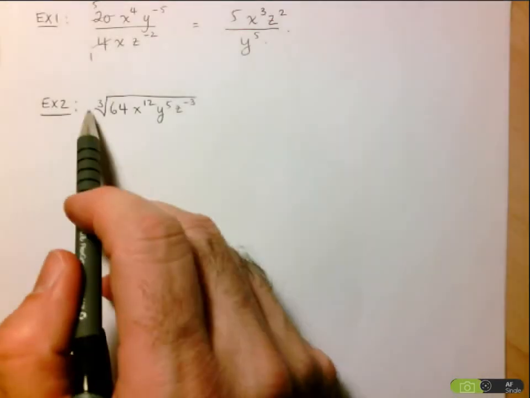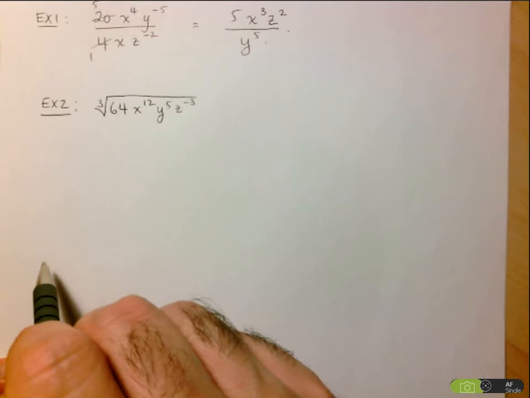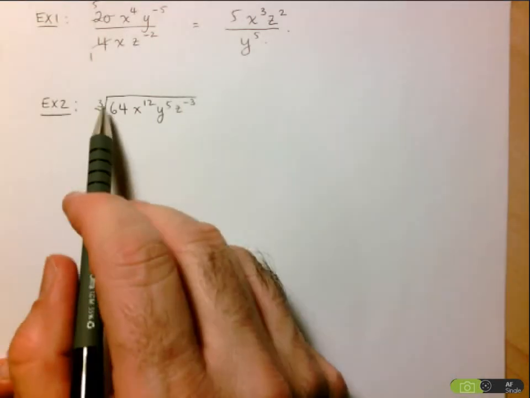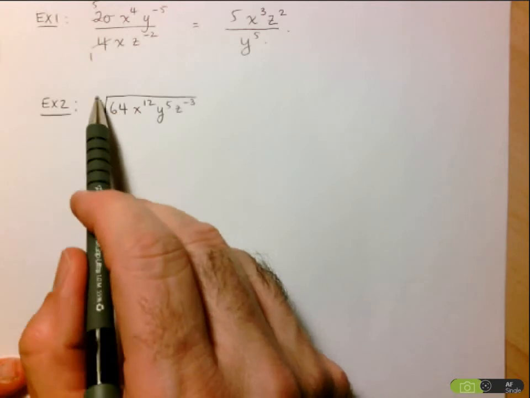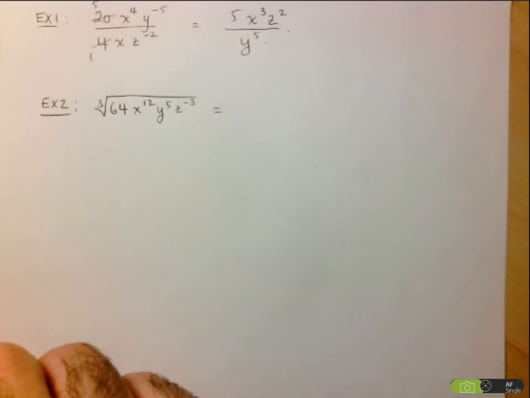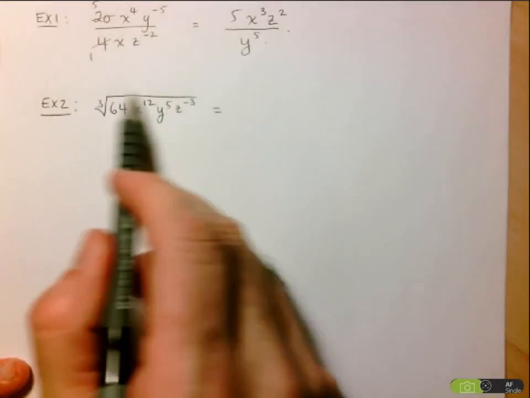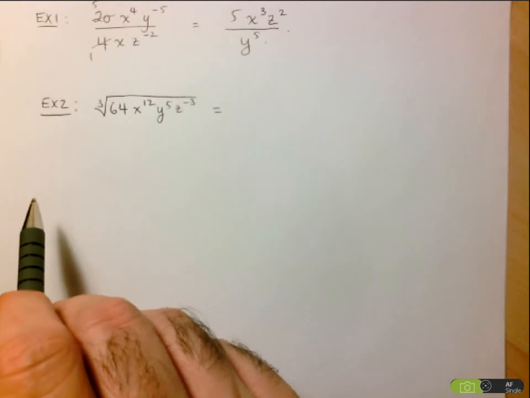We've got the cube root of this big expression. The problem here is that it's difficult to use the exponent laws when it's in root form. So the first thing you would want to do in this scenario is to change this cube root into an exponent, because then that'll allow us to use our exponent laws.